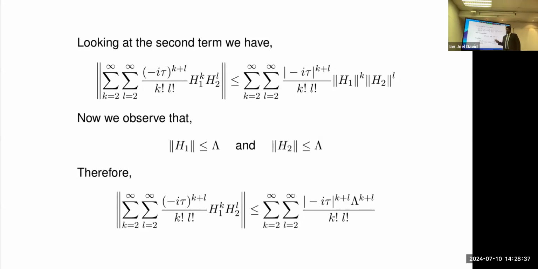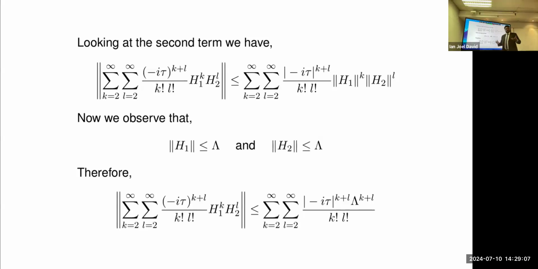Okay. Now we observe the following thing. We have the norm of h1, and we need to bound it, and we have the norm of h2, and we need to bound it. Well, we can use lambda, which we already defined, and we say that the norm of h1 and the norm of h2 are both bounded above by lambda. This makes it very easy because we're already using lambda in the previous bound, so we want to make use of the same symbol here. You don't want to have some other bound here.